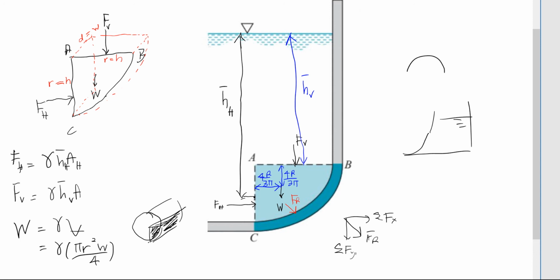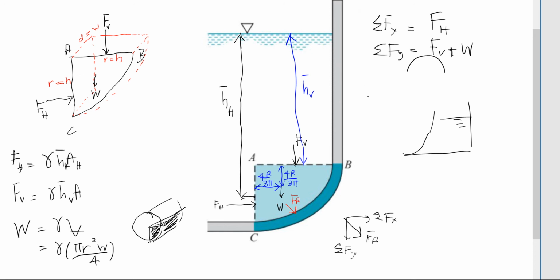So the summation of force in the x direction, we only have FH. The summation of force in the y direction, we have FV and the weight going down, so FV plus weight. Sometimes you can also have FV minus W because FV is going up, but in this case FV is going down, so FV plus weight.